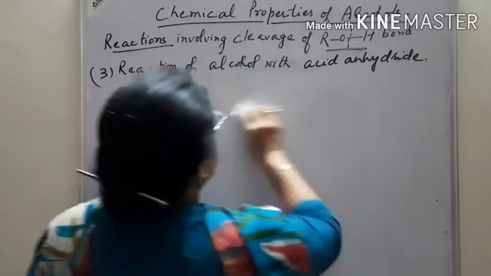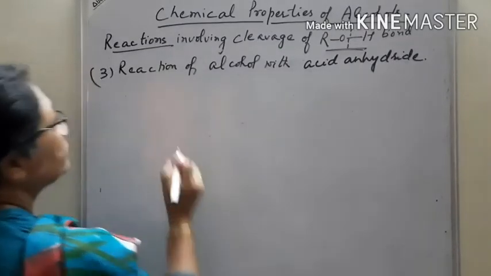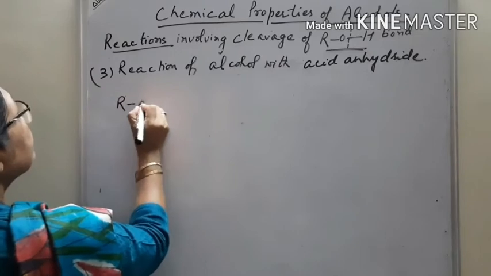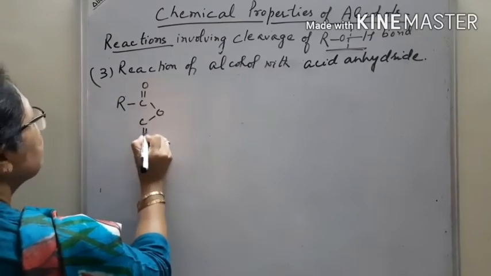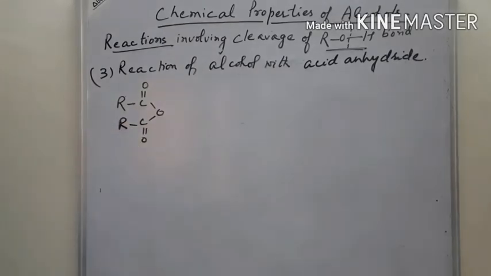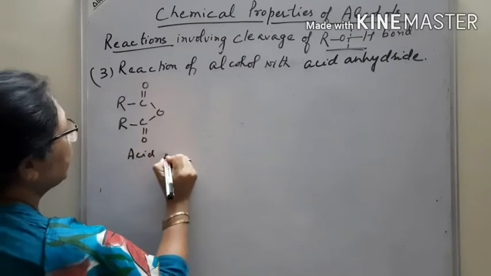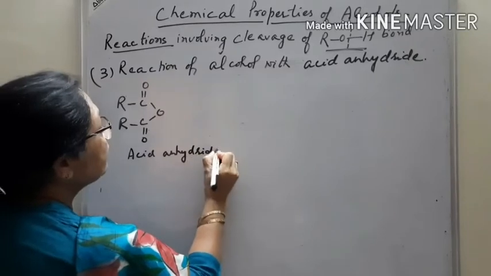Here you take R, C, O, C double bond O, R. That is acid anhydride. Why do we call it acid anhydride?